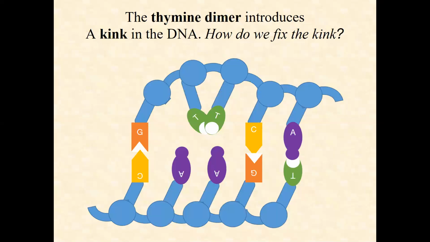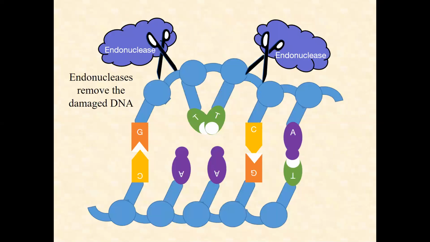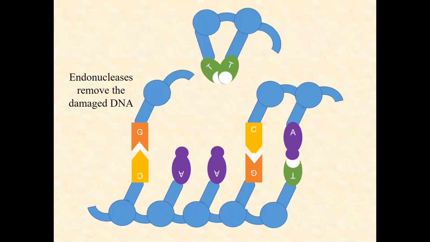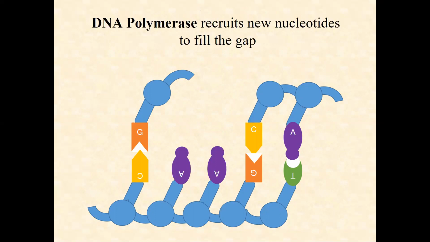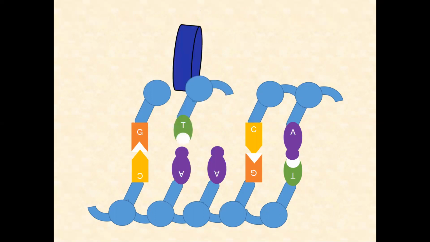How to fix that? Endonuclease removes the damaged DNA. But now there is a hole in our DNA strand. How is this fixed? What is needed? DNA polymerase recruits new nucleotides to fill the gap.